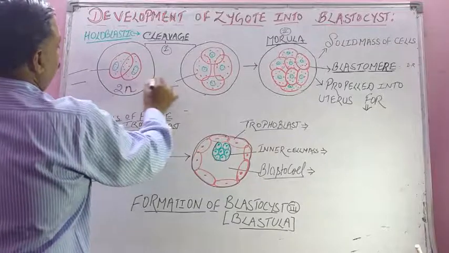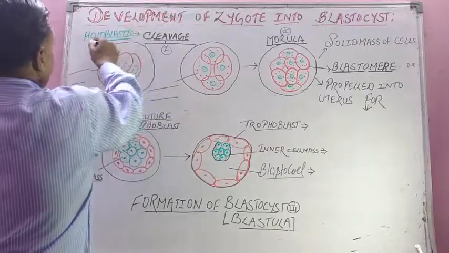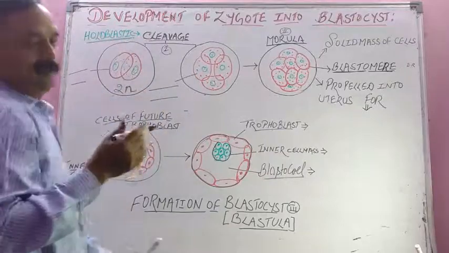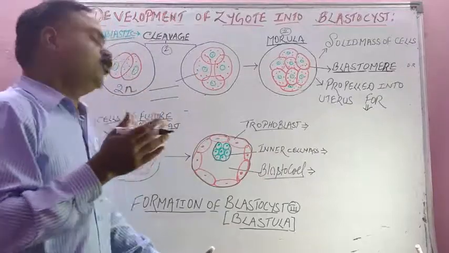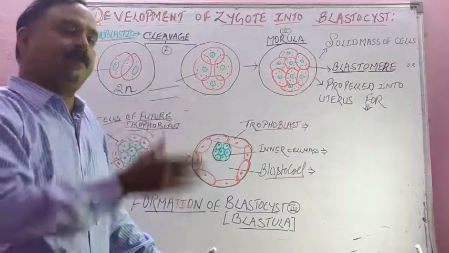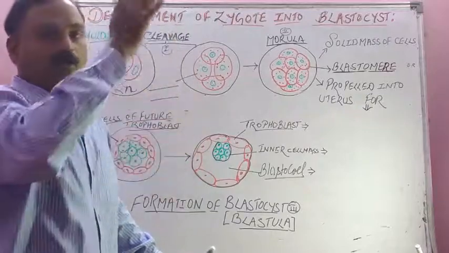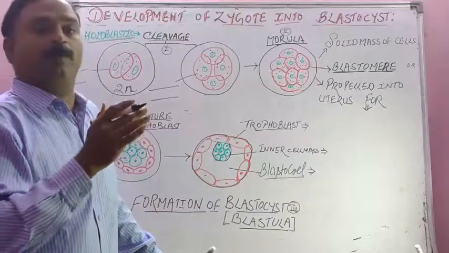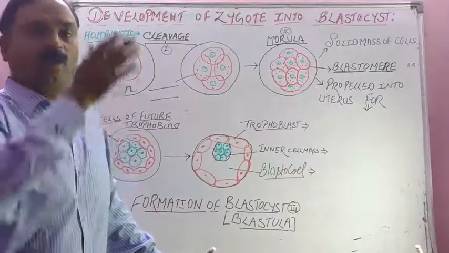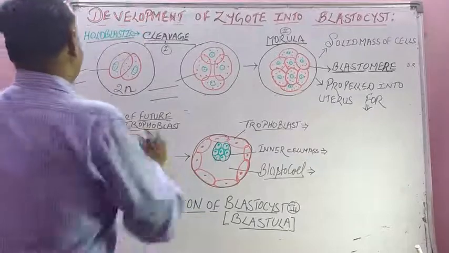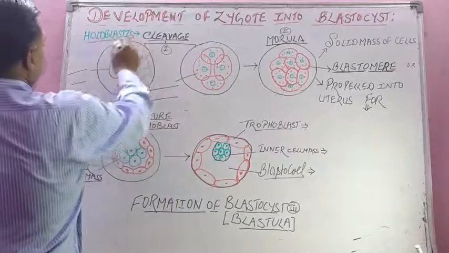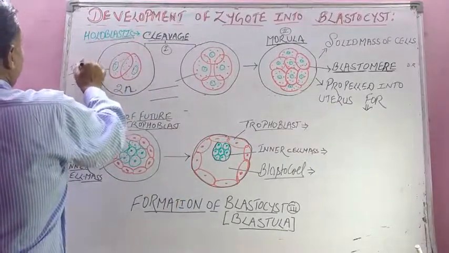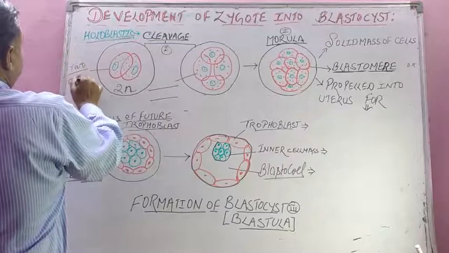The zygote divides by holoblastic mode. Holoblastic means in the human zygote the division is complete. Holo means entire. This is the characteristic feature of embryogenesis in humans. The zygote divides entirely. That is called holoblastic cleavage. So this results in 2-cell stage.